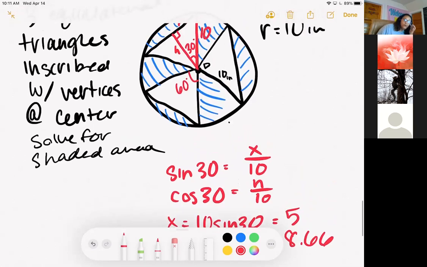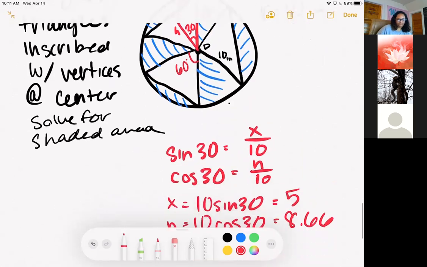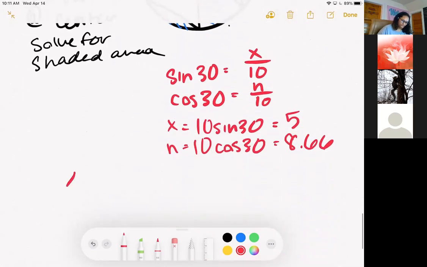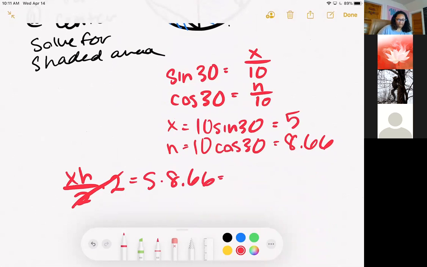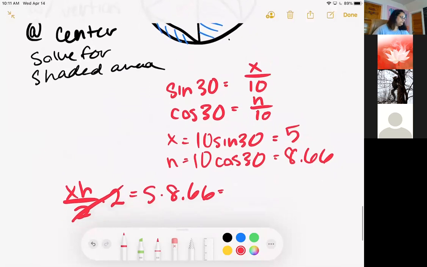Now what? You could do the base times height divided by 2, so just multiply x by h, which is 5 times 8.66, and that would give you the area of that full triangle. So you don't need to divide it by 2. Yeah, you get the area of the full triangle.